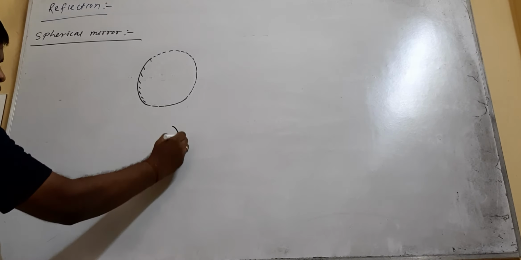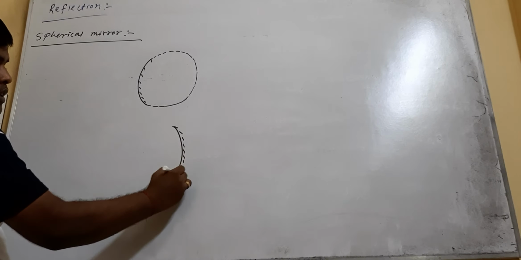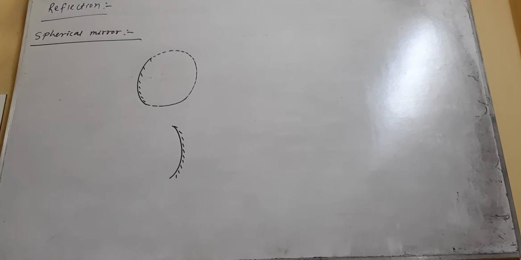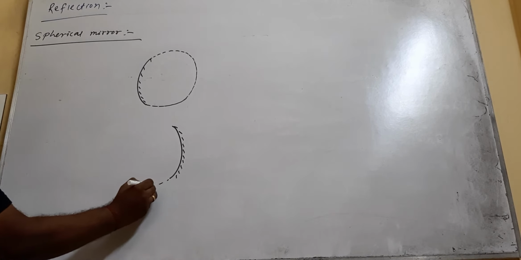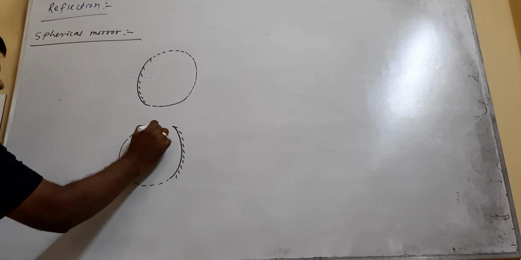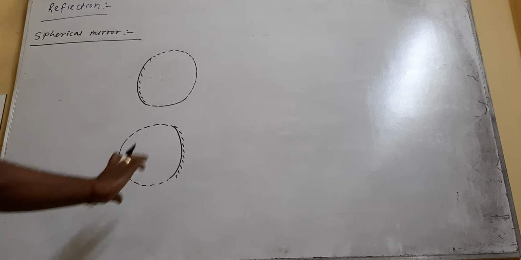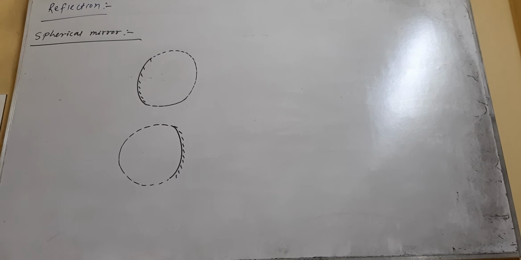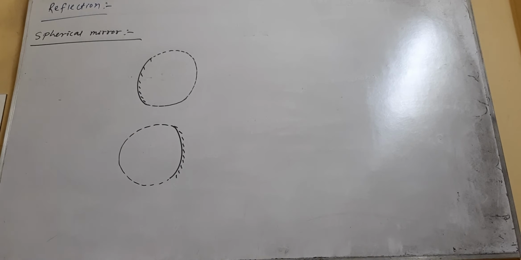Similarly, this is the mirror, not plane. You can imagine a sphere of which this mirror is a part. So as these mirrors are parts of imaginary spheres, they are called spherical mirrors.